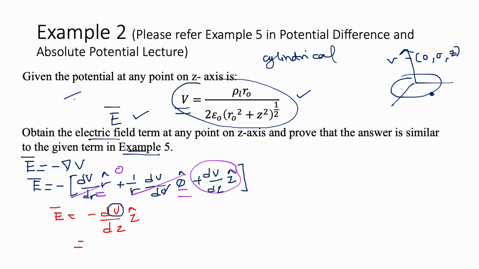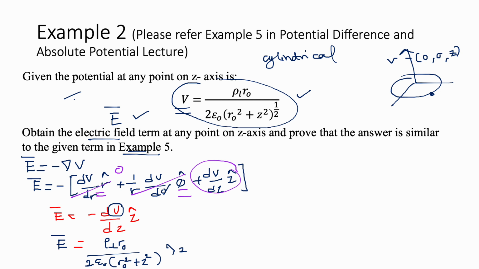We need to replace the value of V here with this and do the differentiation. V is rho L r naught over 2 epsilon naught times the square root of r naught squared plus z squared. So we have not differentiated it yet.